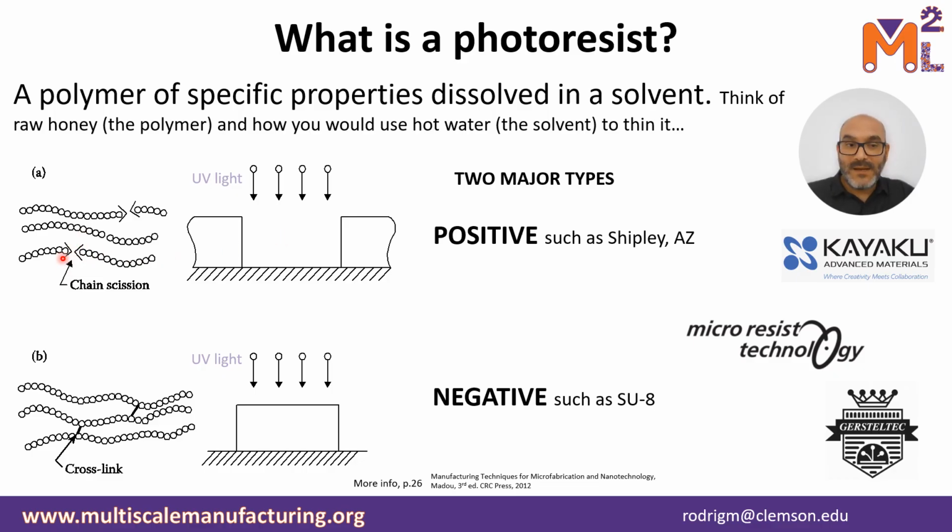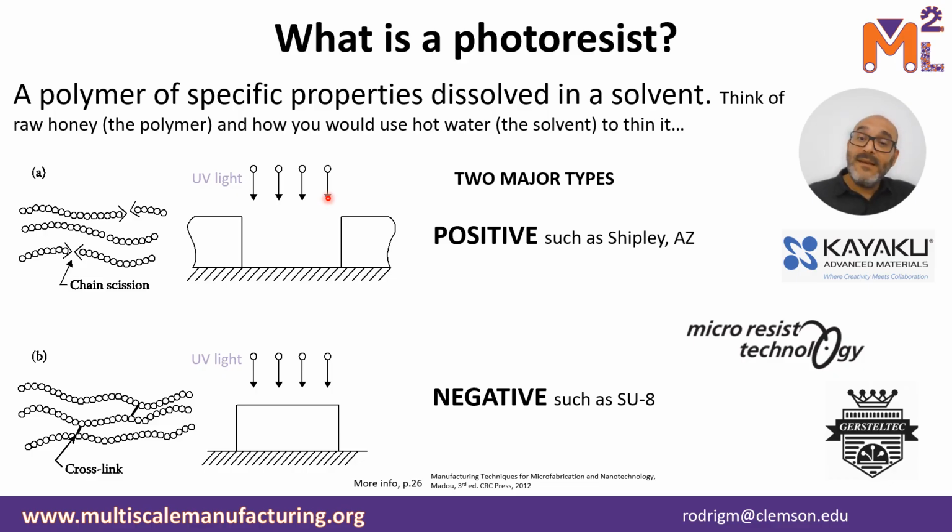So they get weakened. So all these areas that get exposed with the UV light will be more easily developed or more easily dissolved by the chemical that you use in the development step. By doing that, basically you will have a relief where the areas that get exposed to the light actually go away after the process.